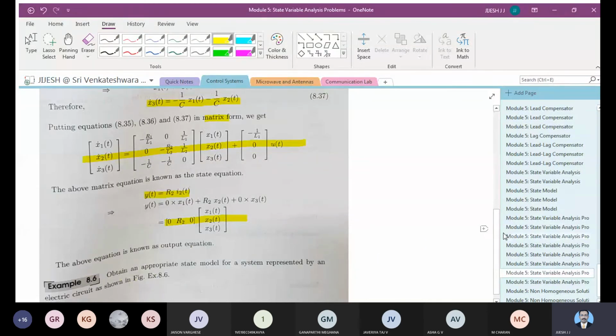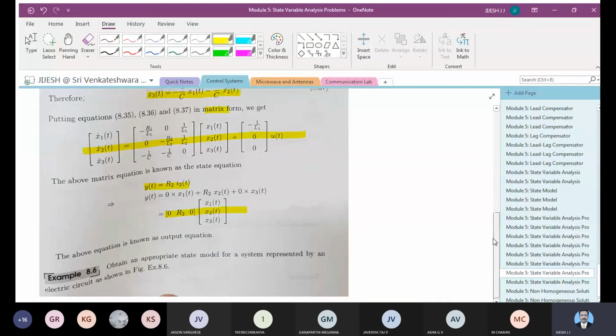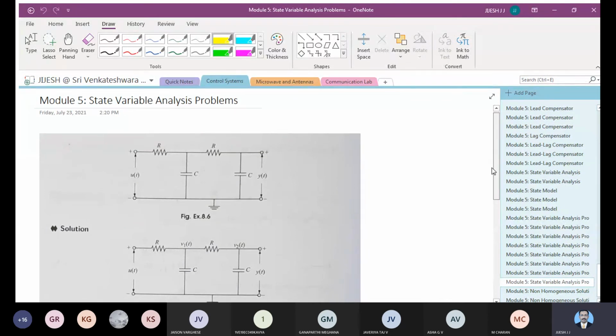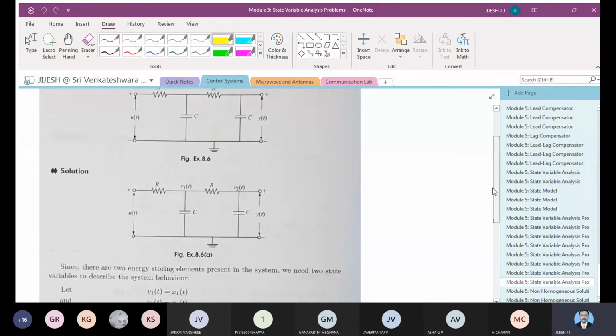You can also try solving one more problem: obtain the appropriate state model for the system. Take another circuit, in this form. We have done quite a lot of problems now, so based on those you can try this problem, which has a resistor-capacitor combination. We first need to find out how many energy storing elements are present.